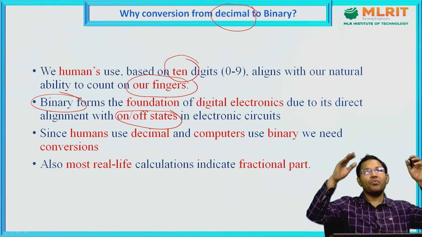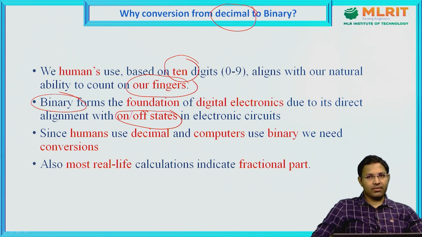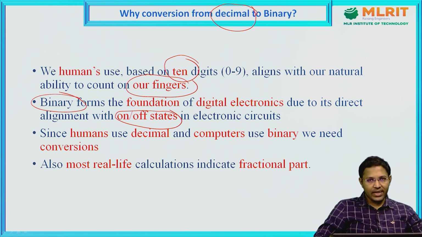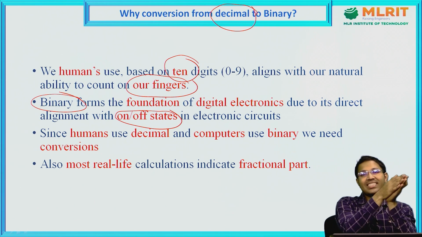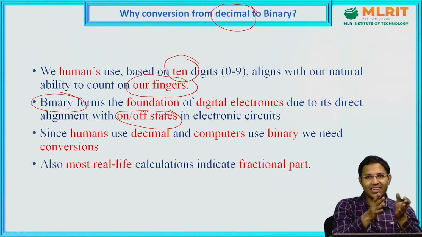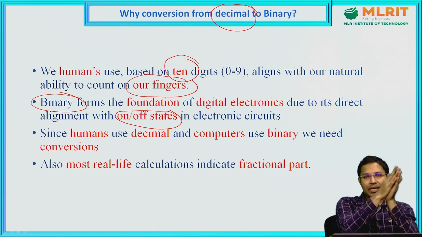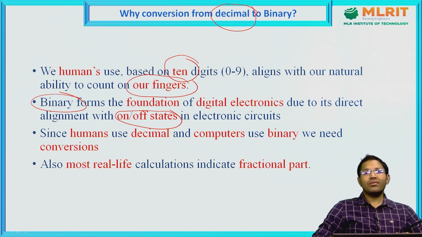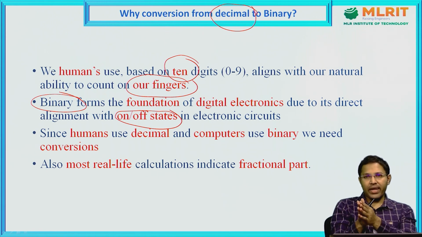Reason being, we are giving tasks to the computer in the decimal domain, but the computer is not going to operate in the decimal domain. So if you are a computer designer, first you need to design the conversion from decimal to binary. Then you design the circuits which perform the computation in the binary domain.